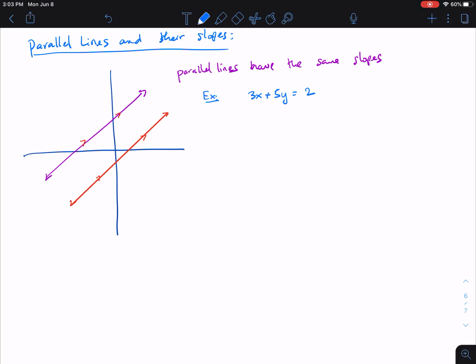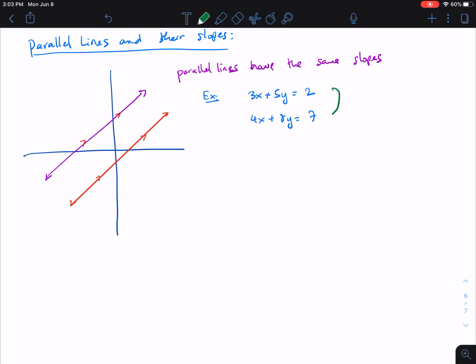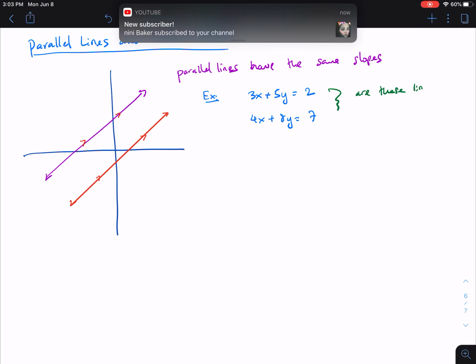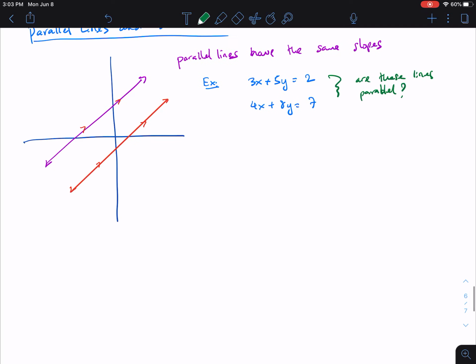Let's say we have another one, 4x plus 8y equals 7. So we have these two lines here. If we graph them, they may look a certain way, but let's say we don't want to graph them. We just want to see, are these two lines parallel?